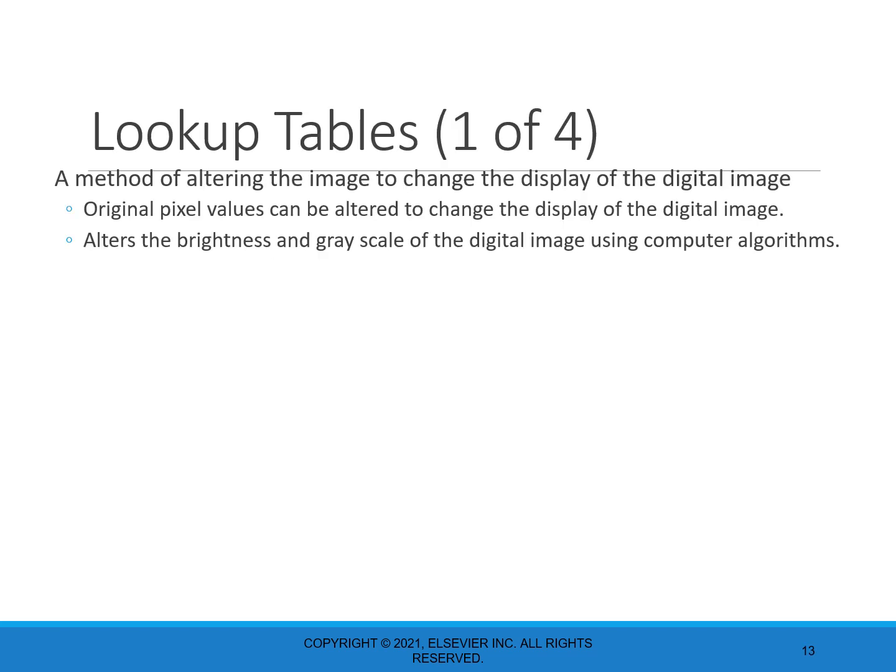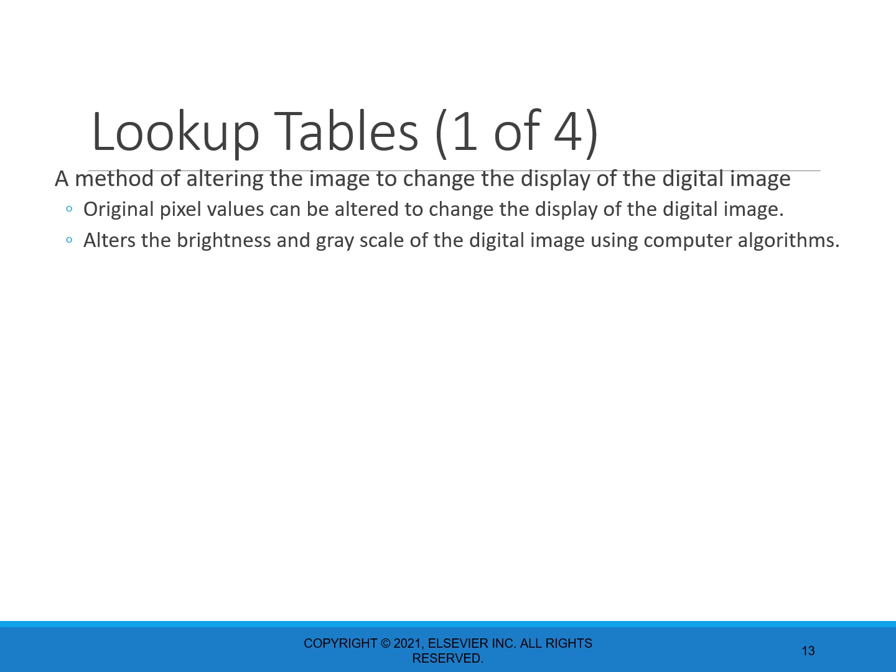So like I said, the lookup table is essential here. This is that basically perfected histogram of what the perfect image of your selected anatomy should look like. The original pixel values can be altered to change the display of the digital image by superimposing that raw data histogram with the lookup table histogram, and then shifting the raw data to match the lookup table.